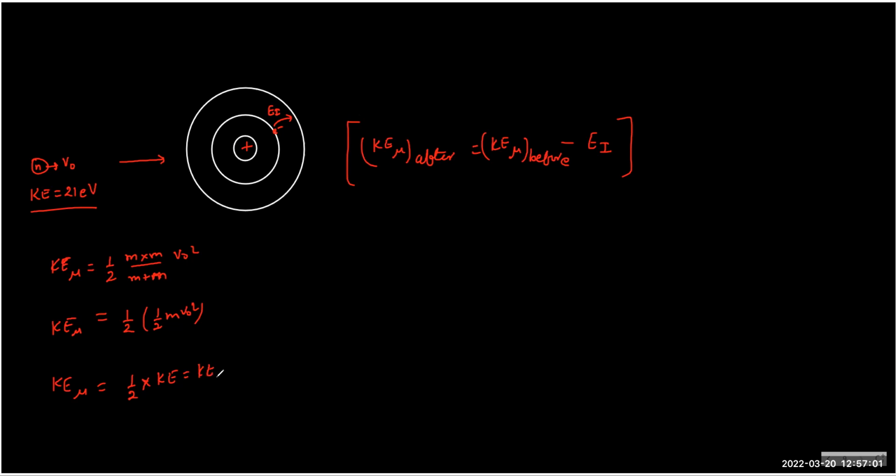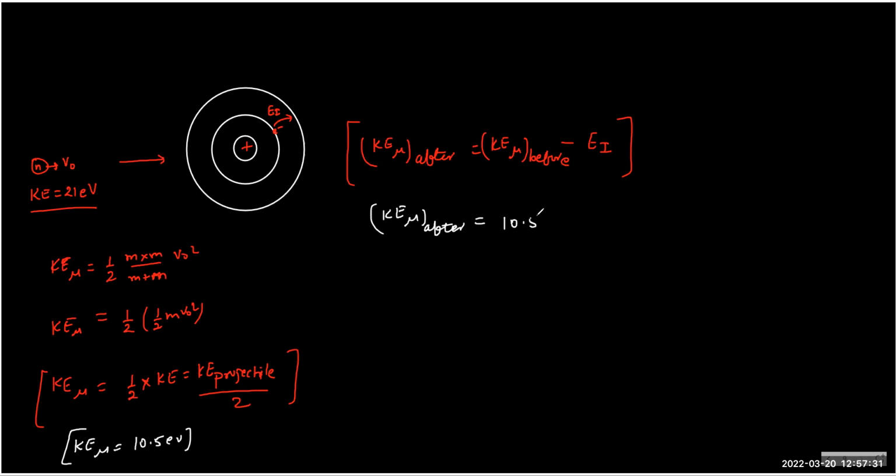Basically, you can say K projectile by 2. So this is the nice value, and that's why if I give you K equals to 21 eV, you can say K mu is actually only 10.5. So the kinetic energy in the CM frame afterwards is equal to the before, which is 10.5, and the first is taken away, 10.2. So we are only left with 0.3 eV.